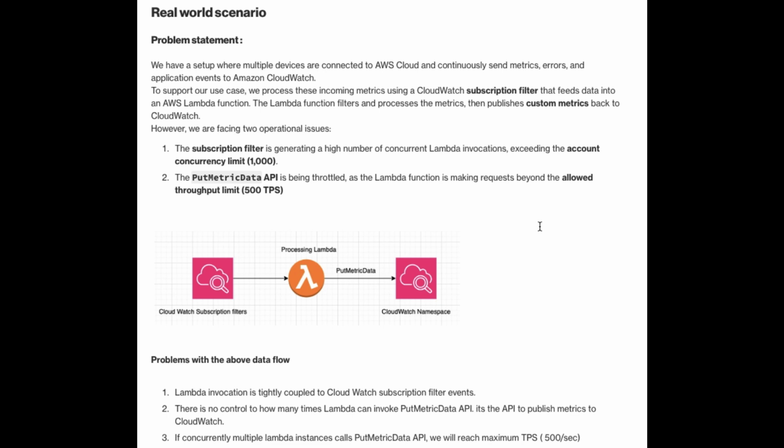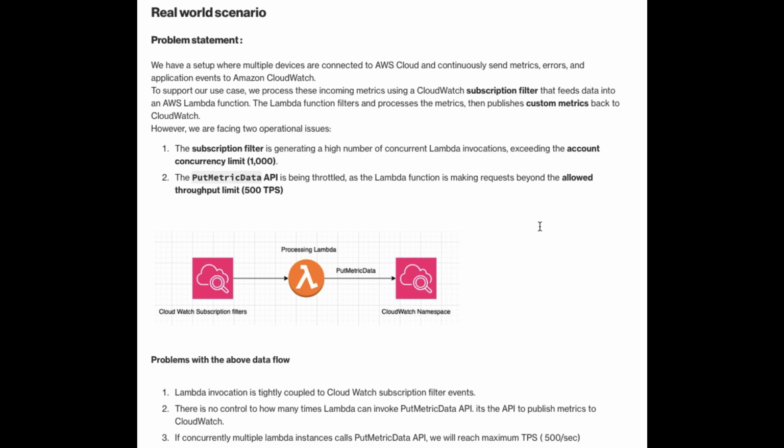For the account, we have a concurrency limit of 1000, and also the Lambda, which is helping us to publish the custom metrics by using the API, was observing throttling from the CloudWatch service, as there is a limit of TPS of 5. So this was the problem statement that we had, and I have requested you guys to think about some of the solutions.